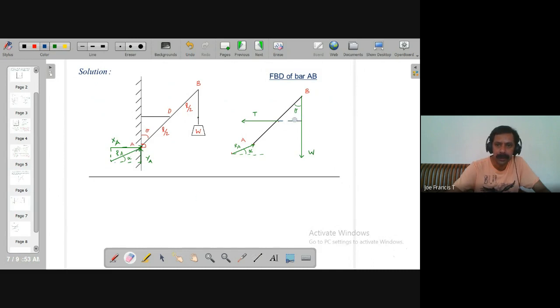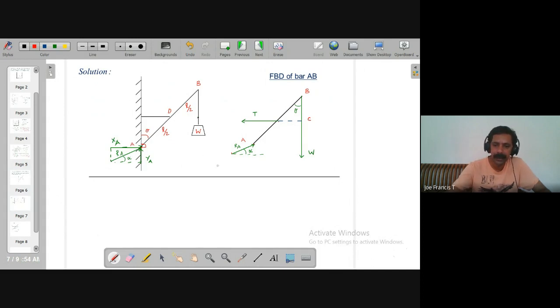Suppose that point is C. The body is in equilibrium means the reaction RA should also pass through this point C. Clear? Only then can it be in equilibrium.